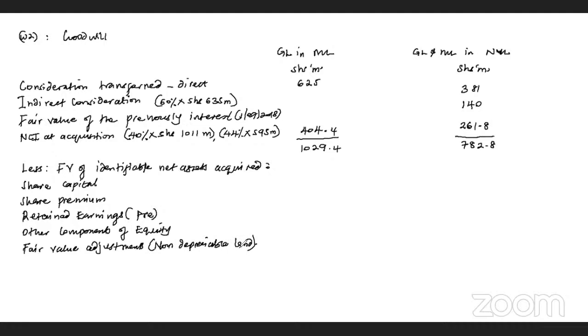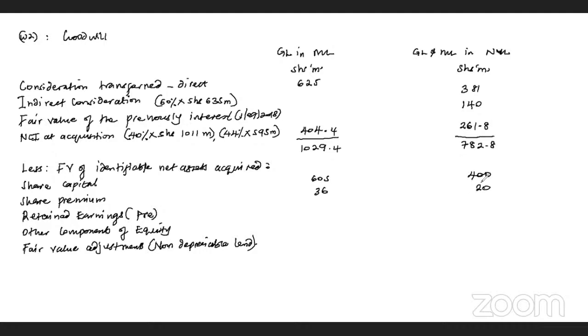Also look at the additional information. Copy the share capital values. Put them in your working for goodwill. Share capital of ML, we see we have 600. For NUL, it is 400. Share premium, 36. These figures are the same as at the dates of acquisition.